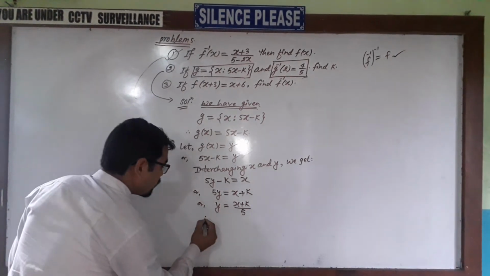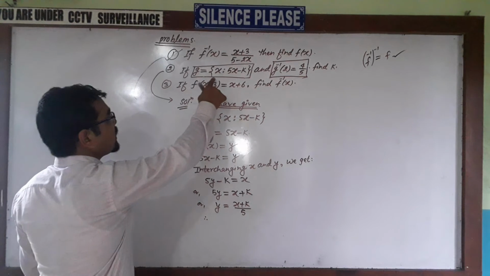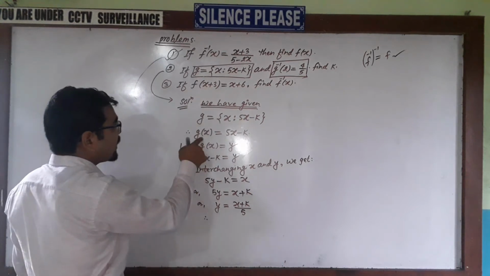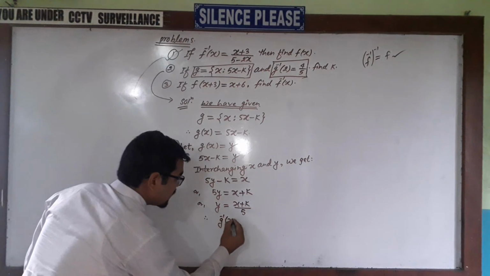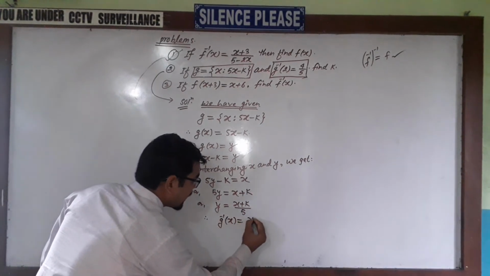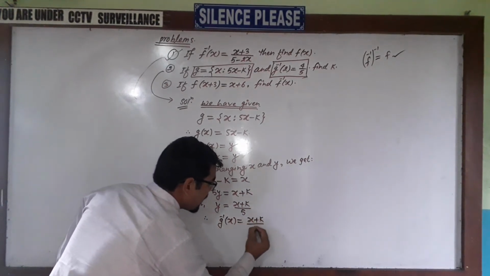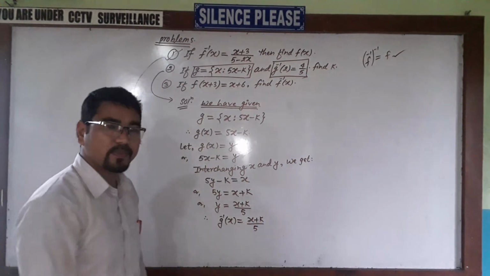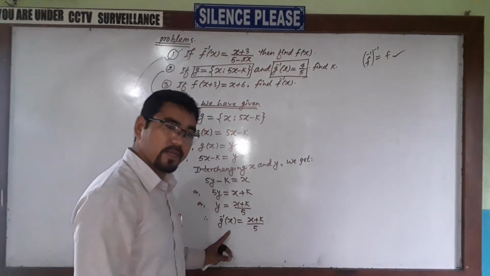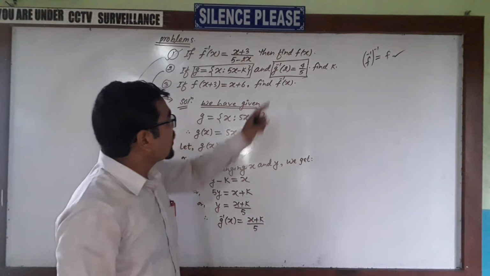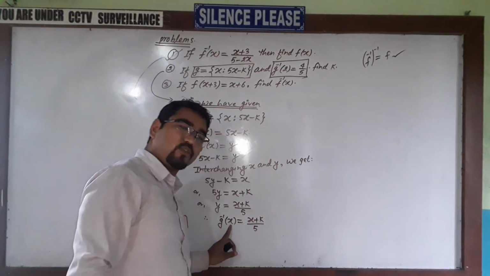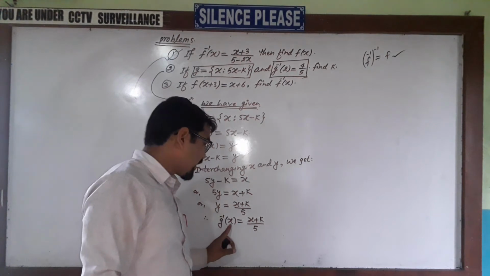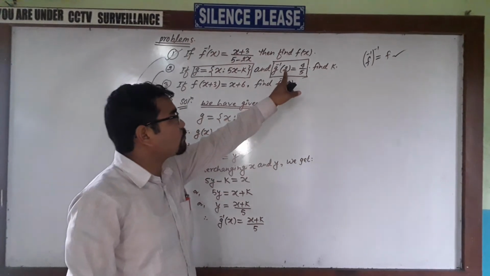Therefore g(x) is already given. Now we have to find g inverse x. g inverse x is equal to (x + k)/5. Yes, g inverse x came. So in g inverse 2, the input value is 2, while here the input value is x. So in place of x we have to put 2 here.